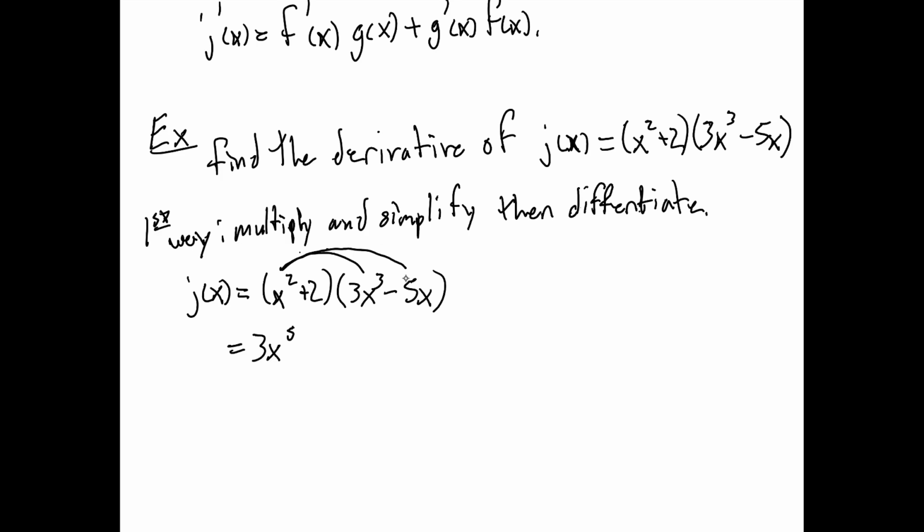X squared times negative 5x gives me negative 5x cubed. Then we have 2 times 3x cubed, which gives me plus 6x cubed. And lastly, we have 2 times negative 5x, so we get negative 10x. Now we're going to combine like terms. We have negative 5x cubed.